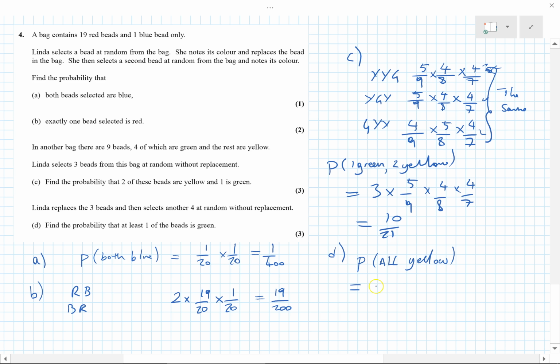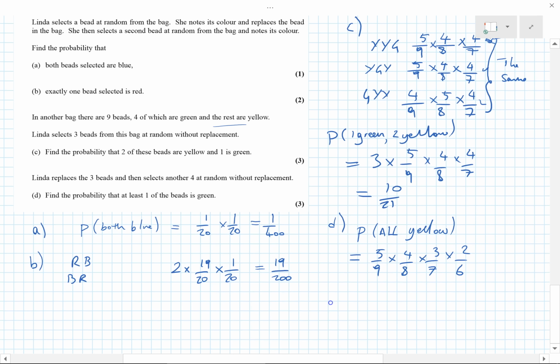So if they're all yellow, again, how many yellow ones were there to start with? There were 5 yellow ones, so that's 5 out of 9. But then we've picked one of the yellow ones, so that's 4 out of 8 times 3 out of 7 times 2 out of 6. That will give us the probability that they're all yellow.